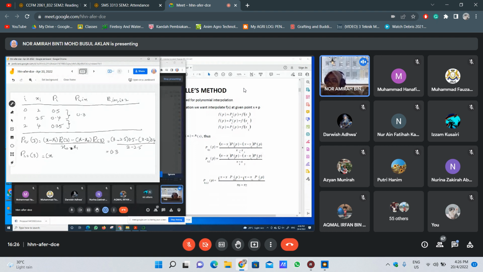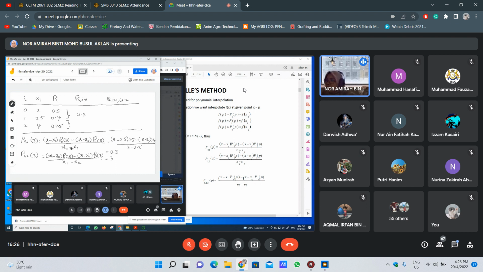So meaning that the formula is x minus x2 P1, minus x minus x1 lah. So dia naik 1 number. So this one is P2 over x1 minus x2.